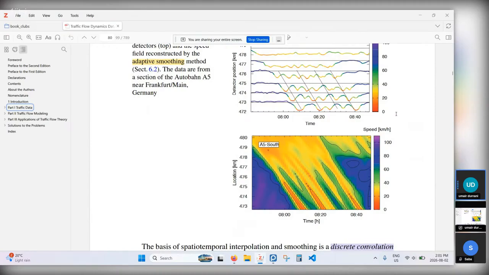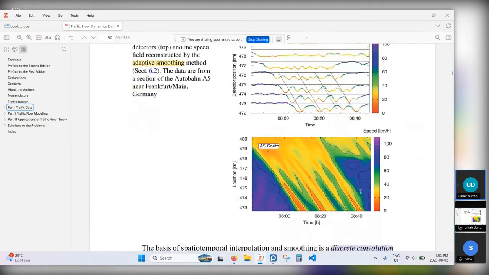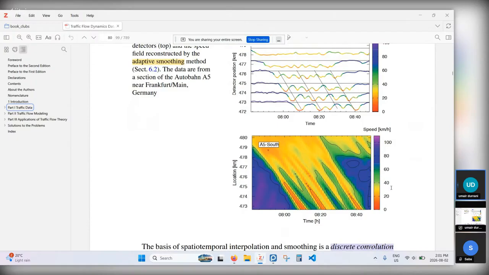What we want to do is tell the speed at different points in time as well as different locations, in addition to the detector locations and points in time when the data was available. So we want to use this input data and produce this output at the bottom of figure 6.1. This is a continuous field of speed that we want to generate.